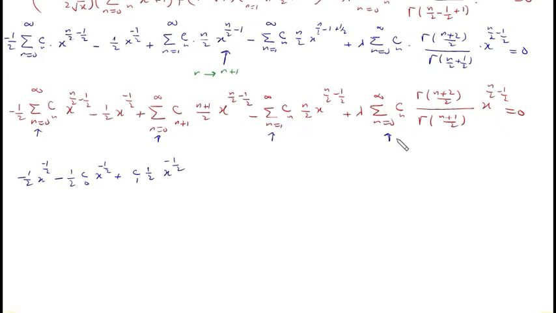In the last series, again I have to take one term outside, so it becomes lambda, and it has c naught and gamma of, when n is 0 it is 2 by 2, which is 1, so gamma 1 over gamma 1 by 2 and x to the power minus 1 by 2. And then every series now will start from 1, so I will combine the rest of the terms in a single series.